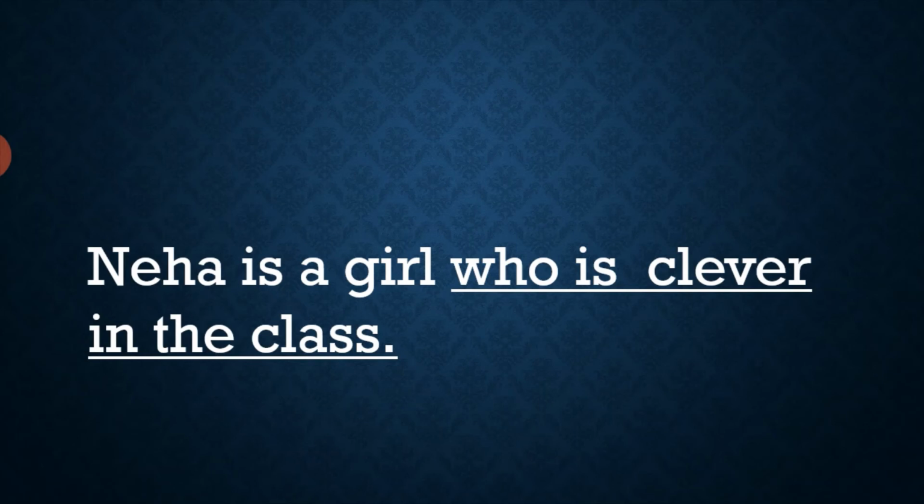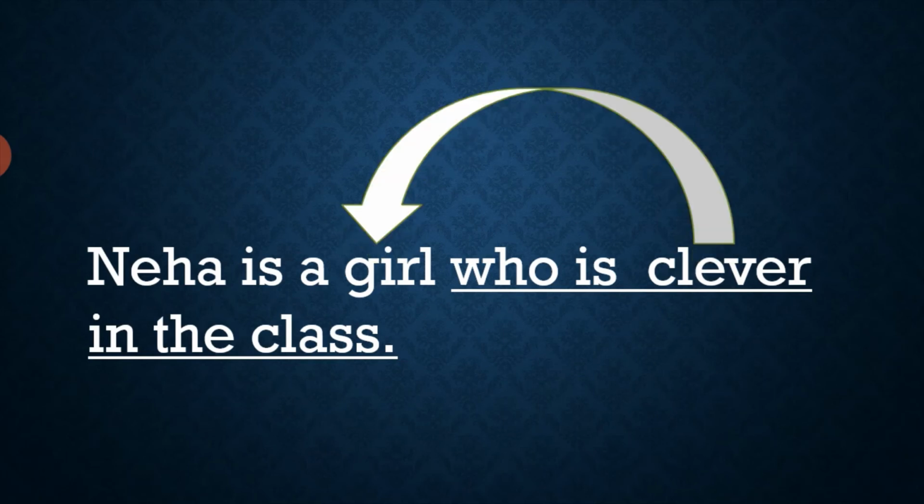So there is a group of words which has one subject and one verb. Therefore this group is not a phrase but a clause. And this entire clause tells more about the subject of the sentence, that is girl. Okay, and here girl has come for Neha.